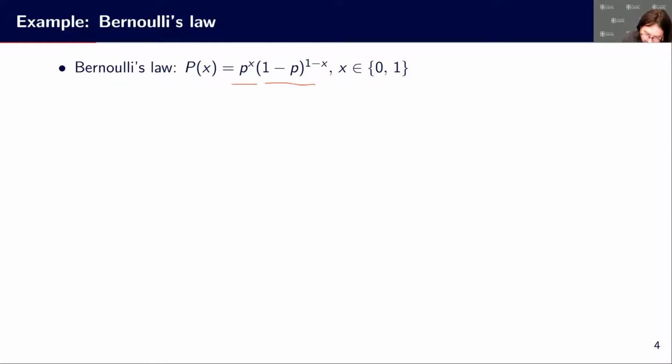And that part is 1 minus 1 in terms of the exponent, so it's power of 0, so it boils down to 1. So we get back to p. For x equal to 1, the p of x is equal to p, and for x equal to 0, the p of x is equal to 1 minus p. So it's a fancy formulation for something quite simple.